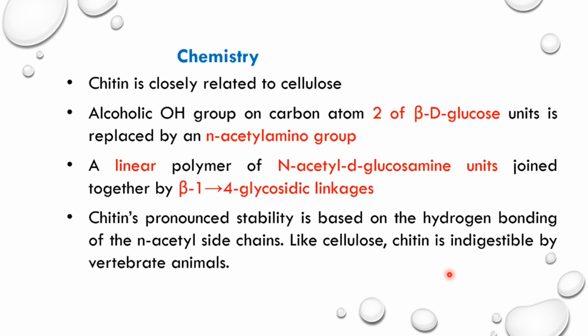When it comes to the chemistry, chitin is closely related to cellulose. The only difference is that the monosaccharide is not beta D glucose, it is N-acetyl glucosamine. So it is a linear polymer of N-acetyl glucosamine units joined together by beta 1,4 glycosidic linkages.